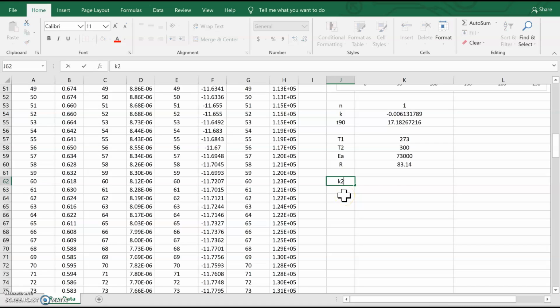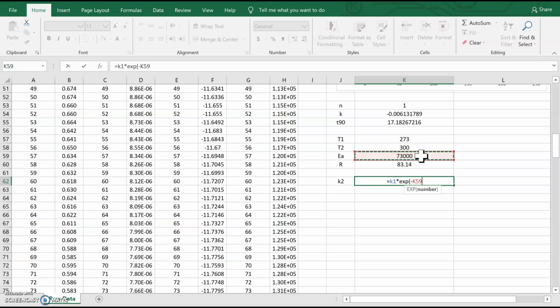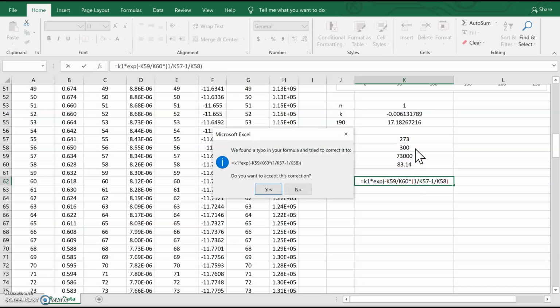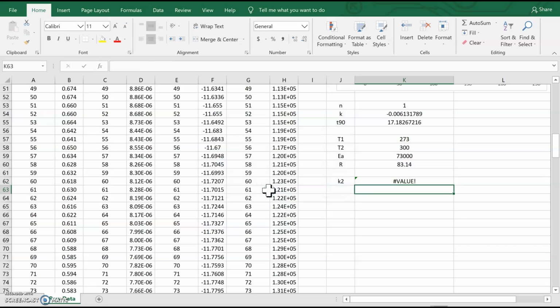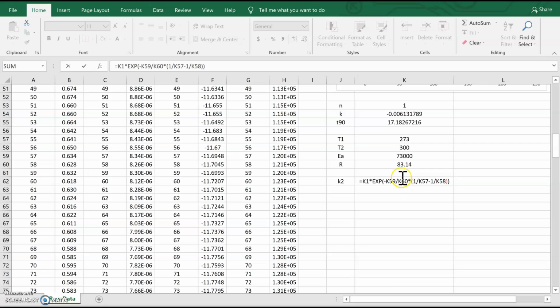So now K2 is going to be equal to, by the Arrhenius equation, K1 times the exponential of negative this thing divided by this thing times 1 over this thing minus 1 over this thing. Okay, so I needed to put a parenthesis after that. I don't know what happened in my formula.